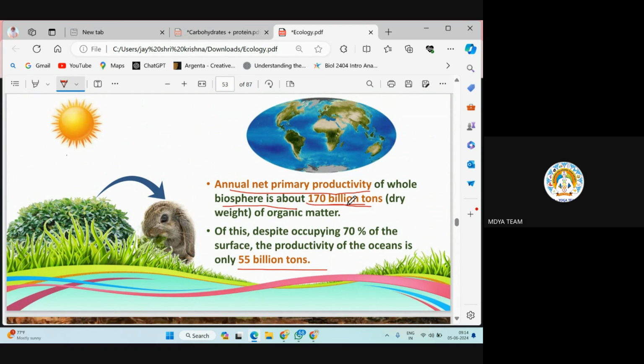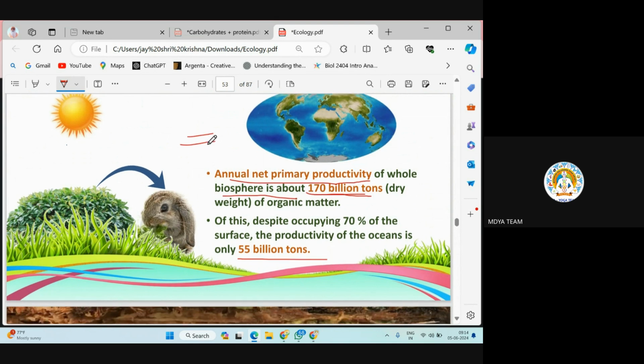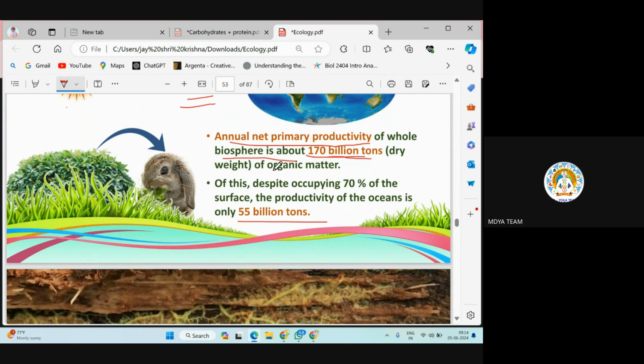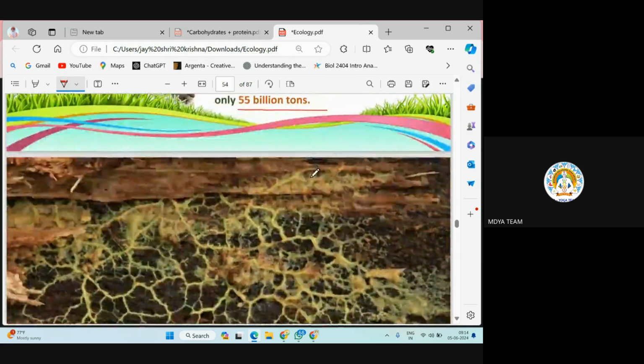What if it was not decomposed again? What will happen? It will keep on piling up, and after a certain time the earth will lose its capacity. So the decomposition of this organic matter or biomass is very much important.